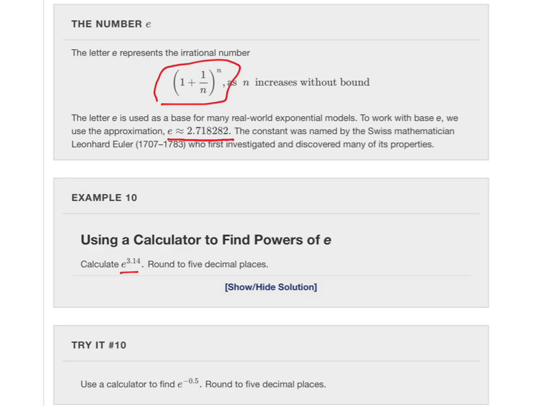Now do E to the 3.14 power. 23 point. Okay. Do E to the negative 0.5 just for kicks.